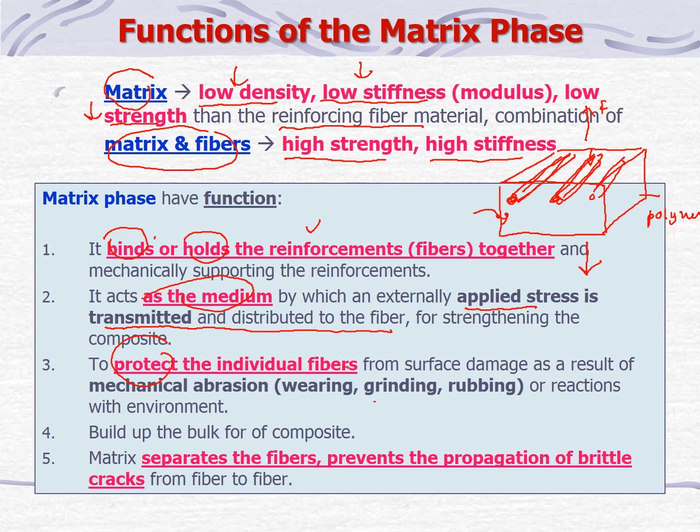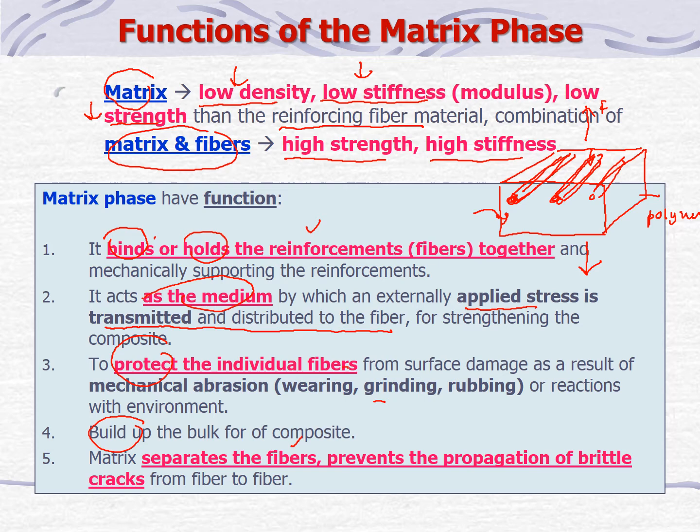It also protects the individual fibers from wearing, grinding, and rubbing, because the fibers are embedded in the continuous matrix space. It builds up the bulk of the composite and separates fibers, in order to prevent propagation of brittle cracks from fiber to fiber.